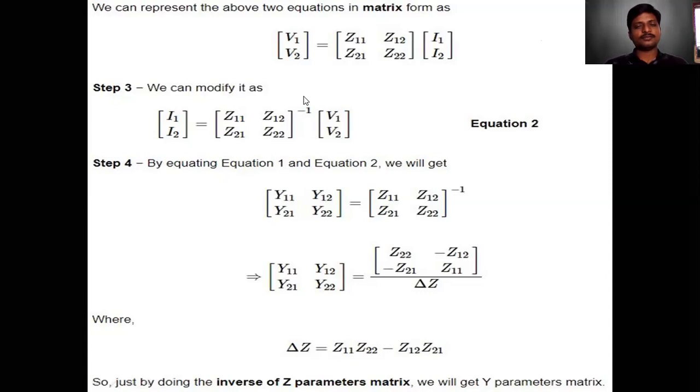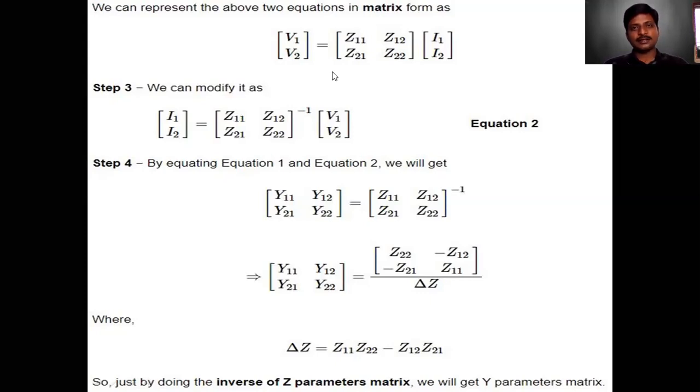In some examples they will give you a pi network. It is difficult to find Y parameters or Z parameters for a pi network. So try to convert that pi network into a star network, then find Z parameters. After finding Z parameters, you have to find the inverse of that Z matrix. That's it. Then you have the answer for Y parameters.